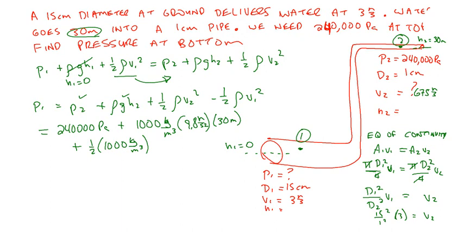Okay, and if I put that in here, again, this is only assuming that there's one faucet open at a time, minus the 1/2 times 1,000 kilograms per cubic meter, and we're moving at 3 meters per second, squared right there. And I punched this thing up, and then I could go get a pump that was that big.